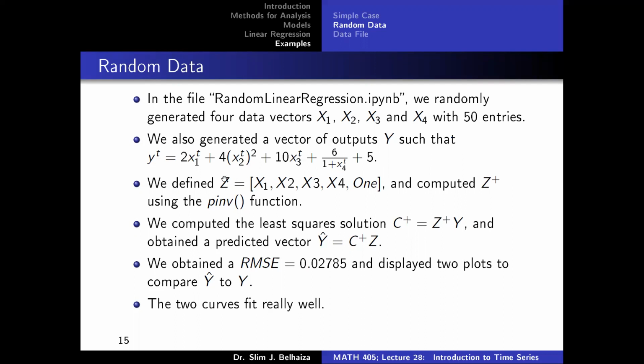We also defined z, which is x1, x2, x3, x4, 1, and computed Z plus using, again, the pseudo-inverse function. We computed the least square solution c plus, which is Z plus times y, and obtained the predicted vector y hat equals c plus times z. We obtained a root mean square error of about 0.02785, and displayed two plots, two curves which fit really quite well.